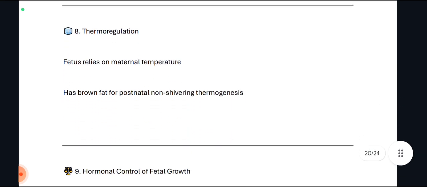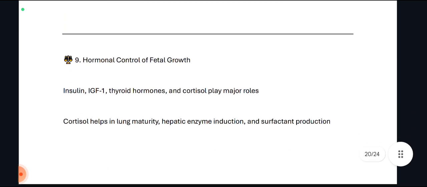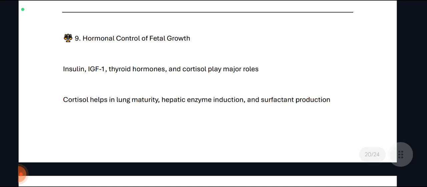And thermoregulation is there. The fetus relies on maternal temperature, and has brown fat for postnatal non-shivering thermogenesis. In the infant stage, there is presence of brown fat rather than white fat. So this brown fat is responsible for non-shivering thermogenesis in early infant life.